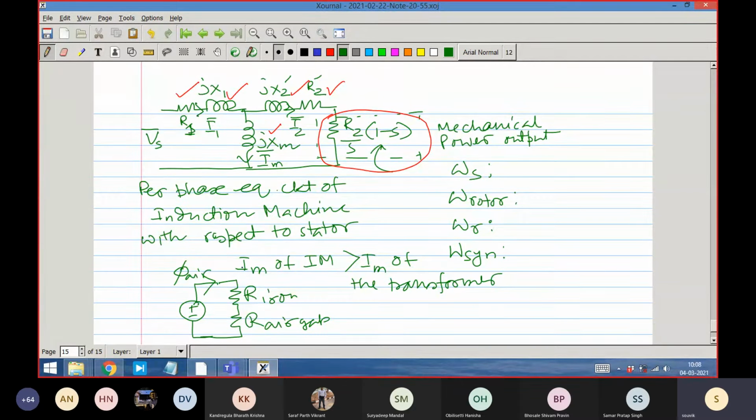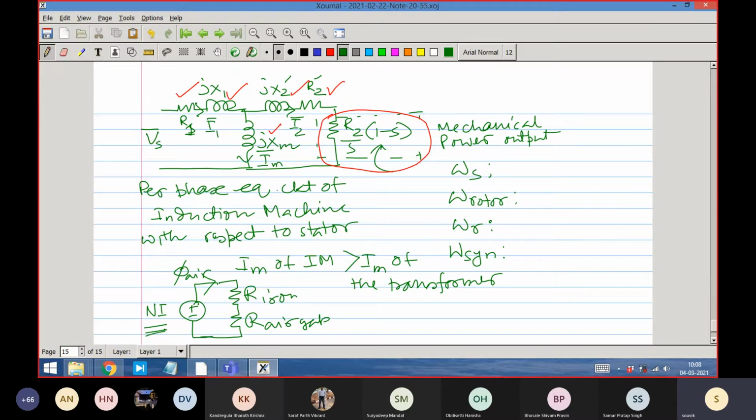Since flux is related to flux density and cross-section area, in order to develop the same amount of flux, we need more MMF. We need more MMF in an induction machine because it has higher reluctance. It has an air gap, and in the air gap I have to develop the flux level. So we need more voltage.